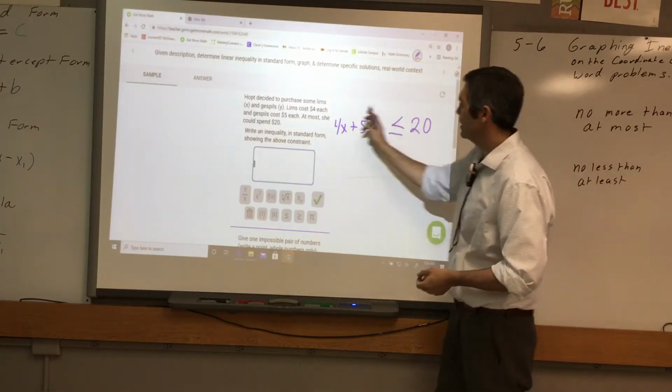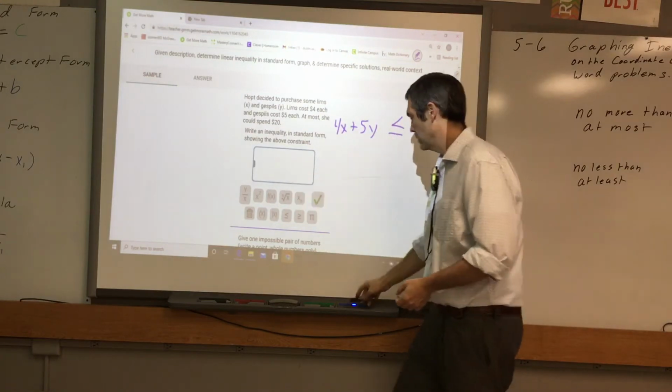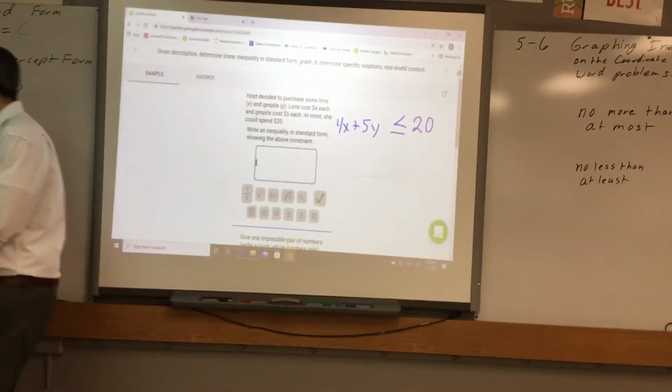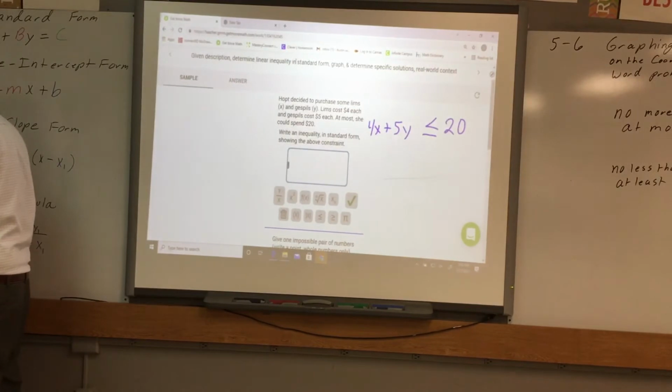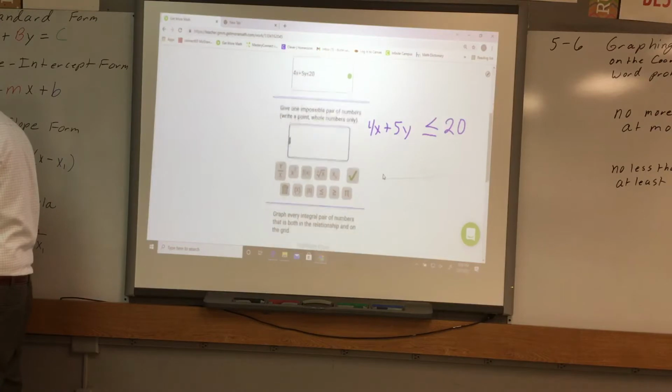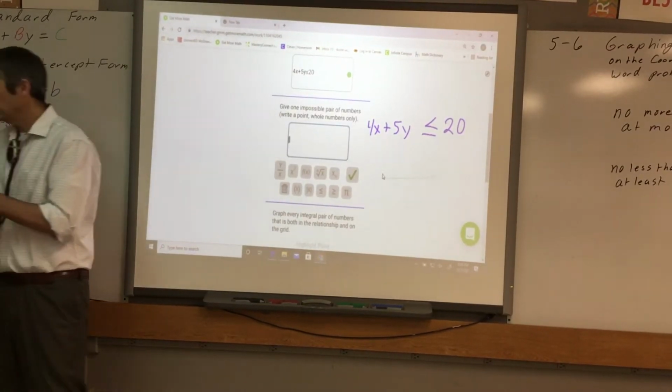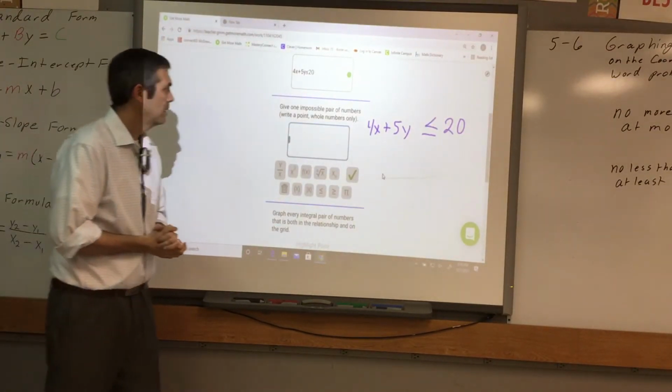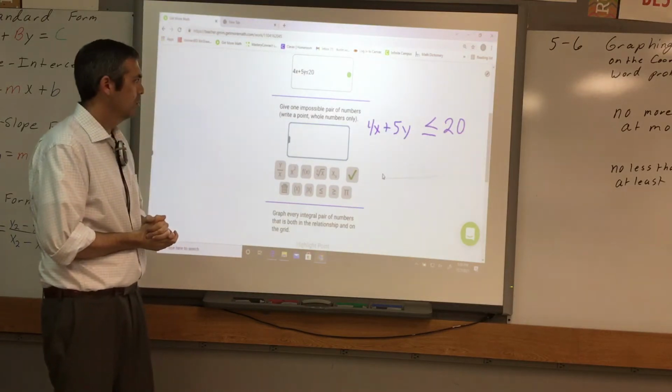So here we have it in standard form. All we have to do is plug that in there. 4X plus 5Y less than or equal to 20. Got that? And then it says, give one impossible pair of numbers, and points are whole numbers only.